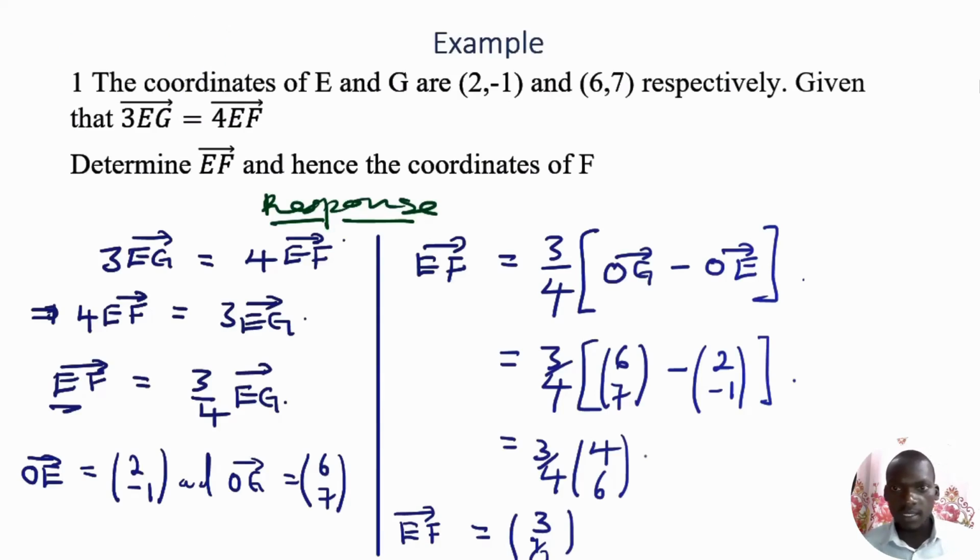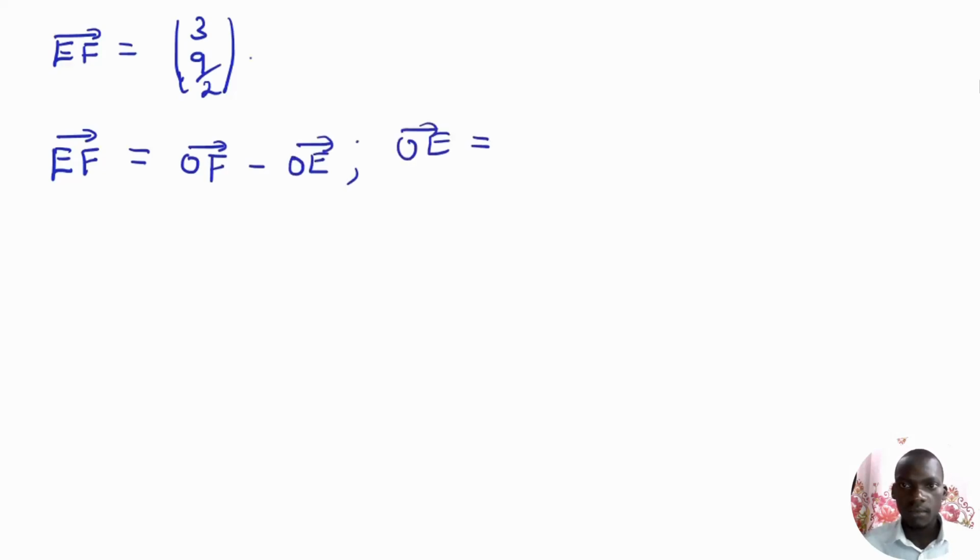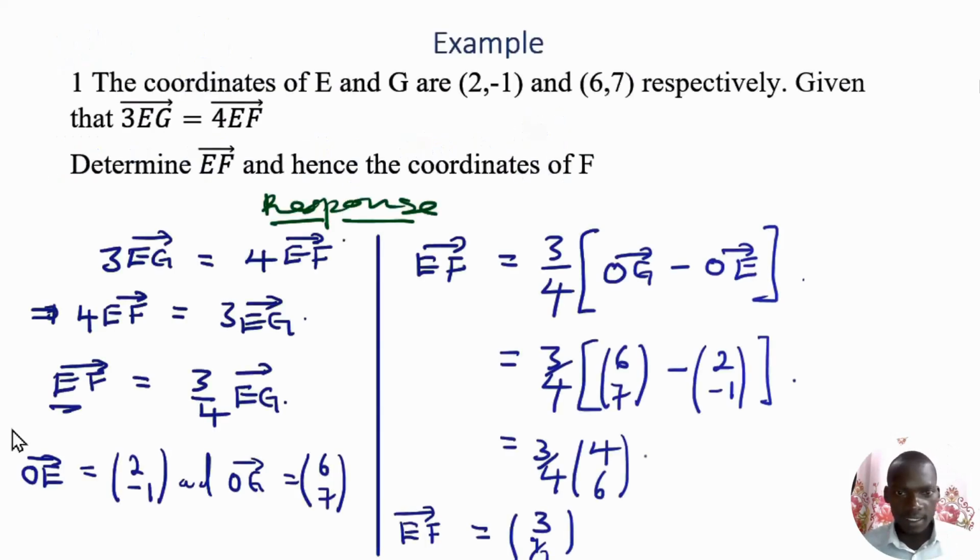We also say: hence determine the coordinates of F. So we go ahead and determine the coordinates of F. We first need to find the position vector of F before getting the coordinates of F. Vector EF is the same as the position vector OF minus the position vector OE. But the position vector OE is (2, negative 1).